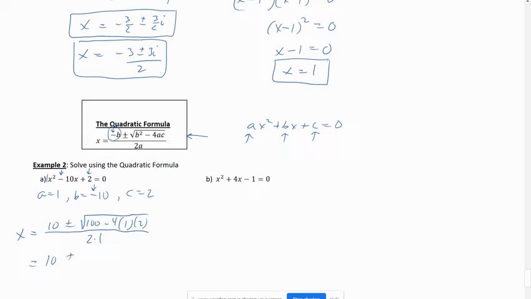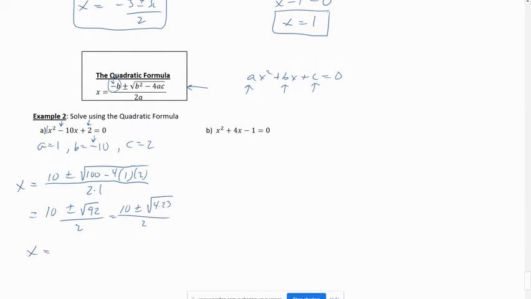So we have 10 plus and minus the square root of 92 over 2. And that is 10 plus and minus the square root of, let's see, 4 times 23 is 92. The square root of 4 is 2.